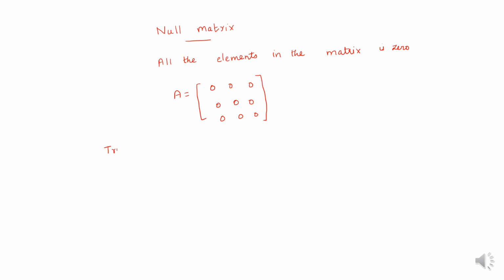தென் வந்து triangular matrix. What is triangular matrix? Two different types of triangular matrix are available. One is upper triangular matrix. And next one is lower triangular.